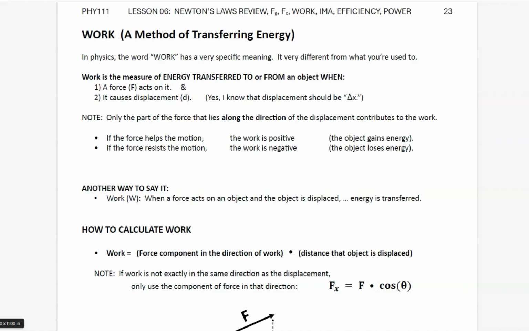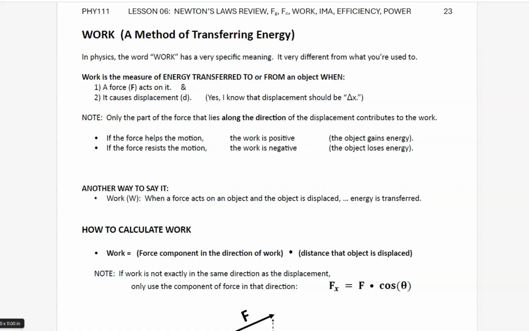The object has to move. We're going to use D for displacement. I know we usually use delta X or delta Y for displacement, but for now we're just going to simplify it to the letter D because we're really concerned about the distance an object is traveling when a force is acting on it.